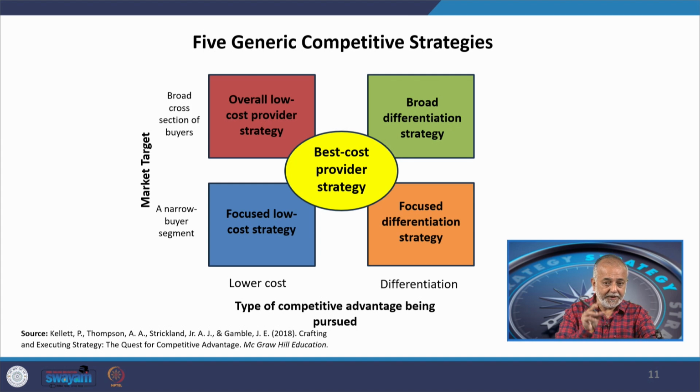You are maintaining low cost for a focused market. If you are focusing upon differentiation in terms of product and a narrow buyer segment, then it is a focused differentiation strategy. On the other side, if you are going for broad cross sections of buyers, a larger number of buyers with lower cost, it is called an overall low cost provider strategy.